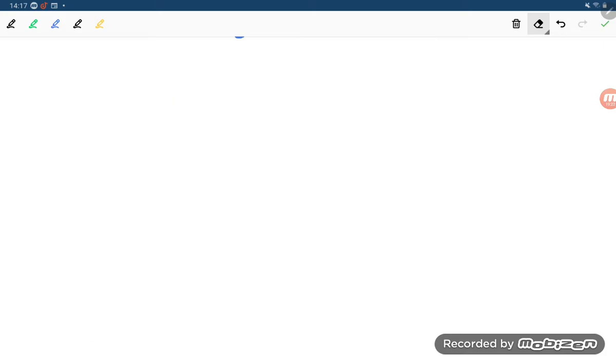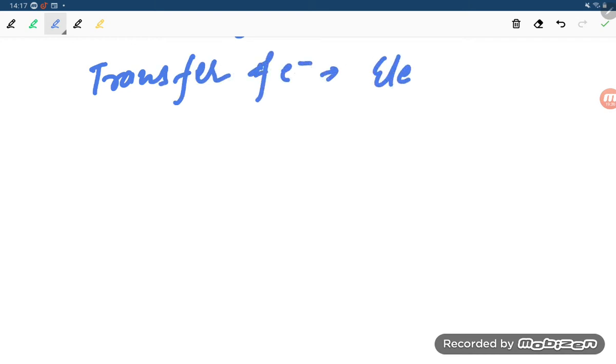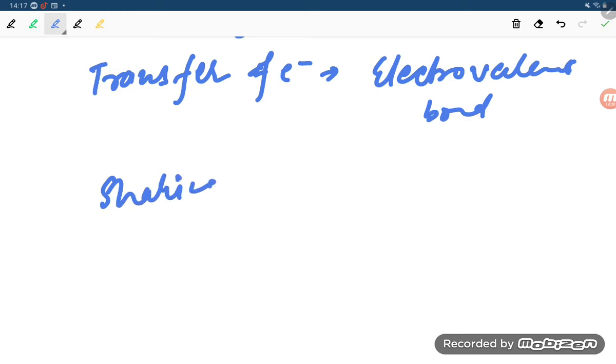Transfer of electrons means an electrovalent bond. Sharing of electrons means a covalent bond. So keep that in mind.